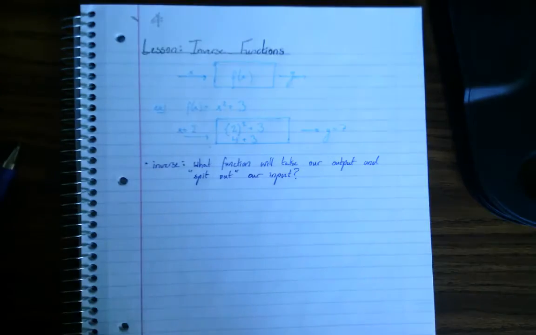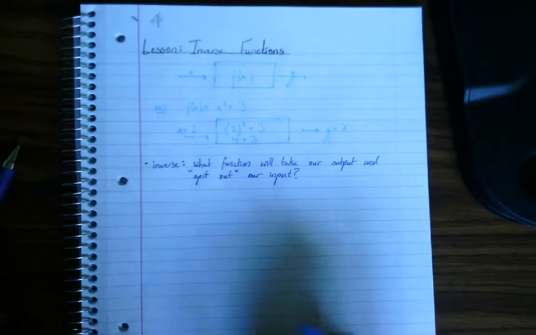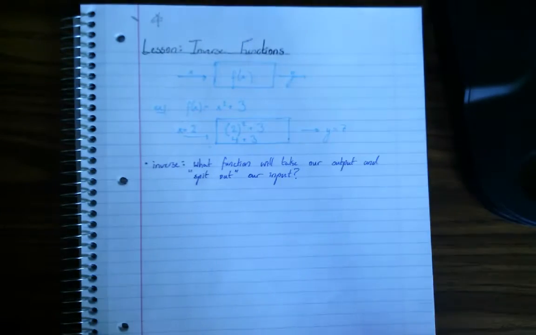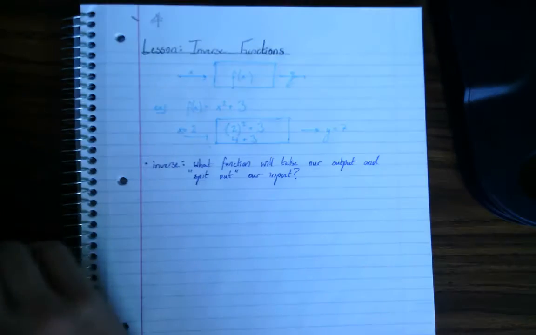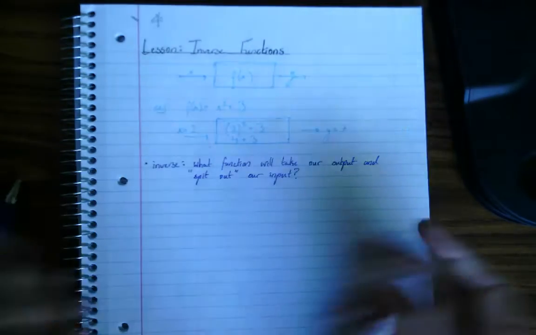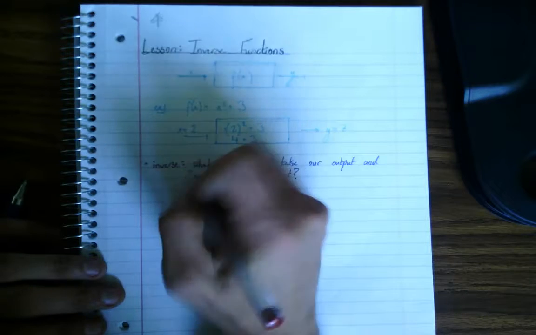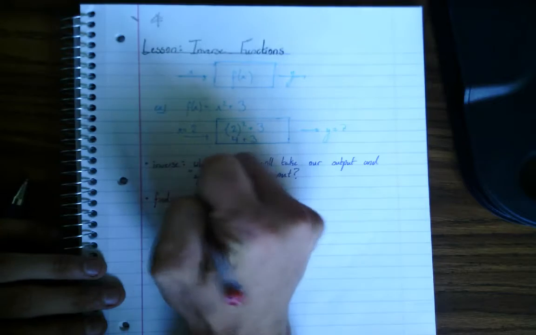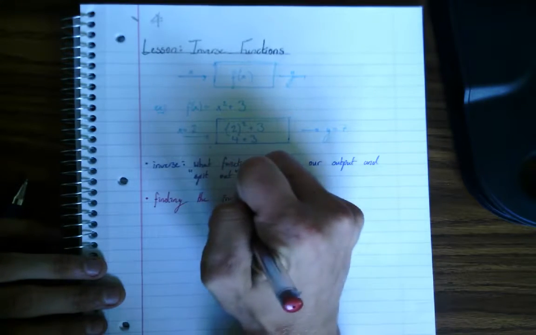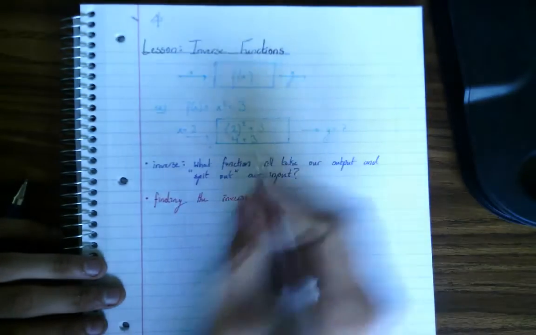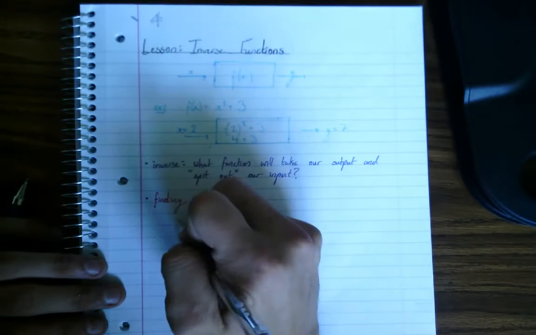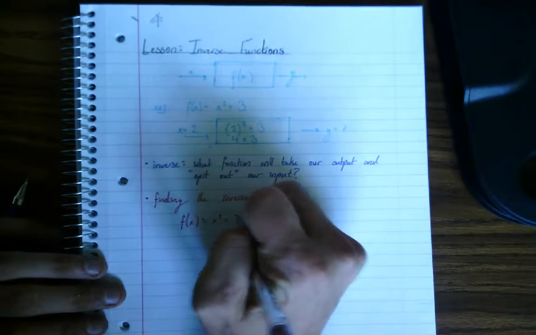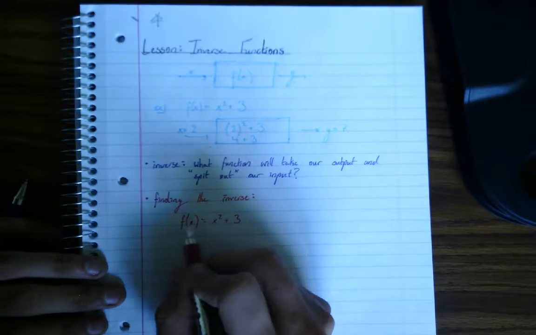So let's take a look at f of x again. f of x equals x squared plus 3. I'm going to ditch the blue. It looks like it's really light. I'm sorry, guys. Let's go to the red. So let's say finding the inverse. If we have our function f of x equals x squared plus 3, we know if we put in a value here, we'll get out a value here.